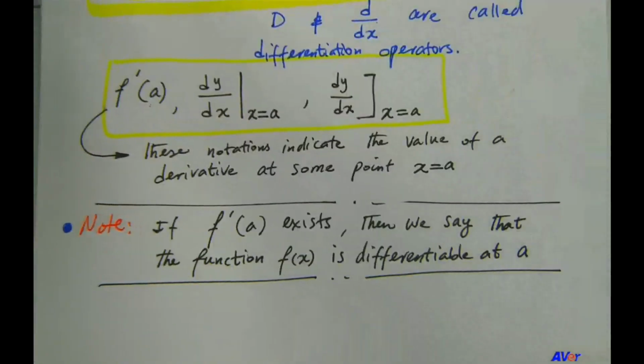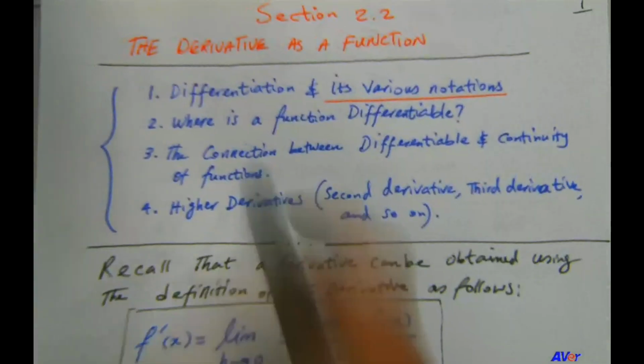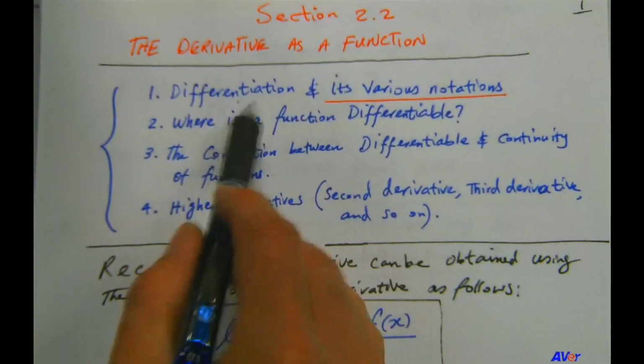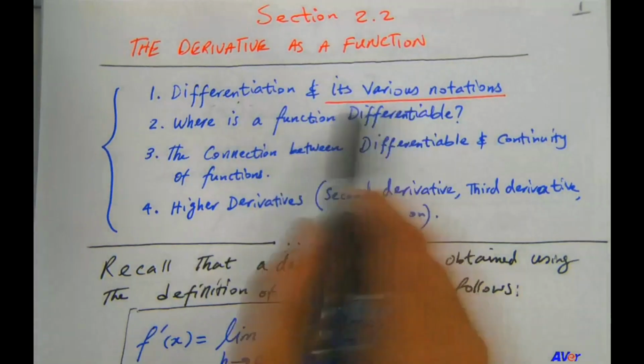So let's see an example, because we also want to discuss where is a function. So we've talked about differentiation again, in addition to section 2.1. We've discussed some notations.